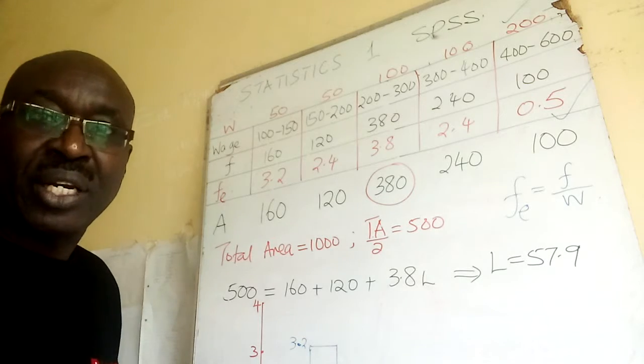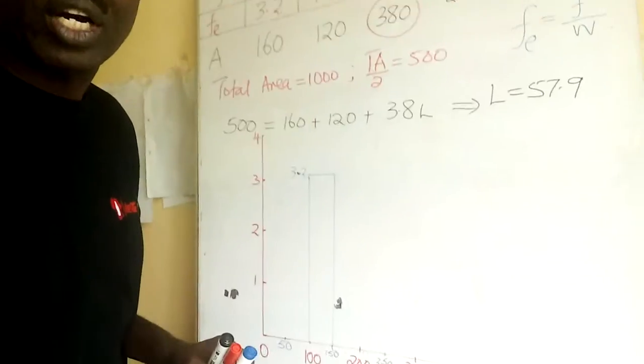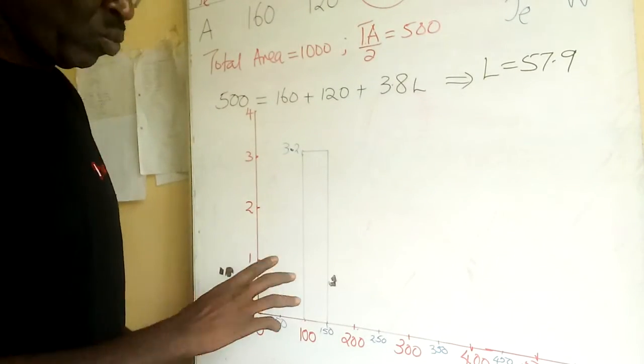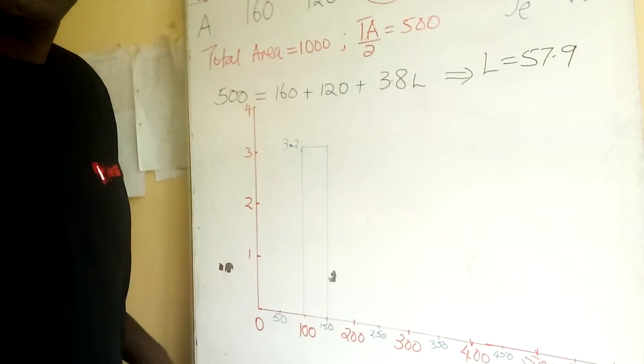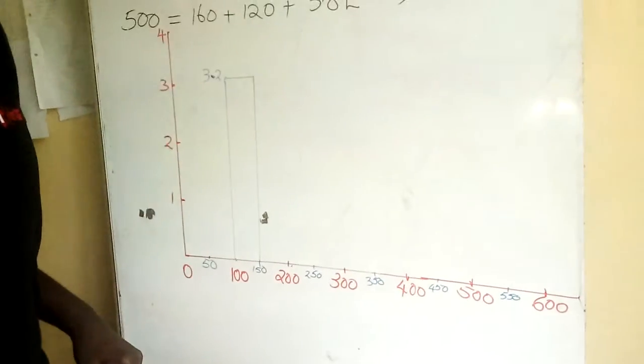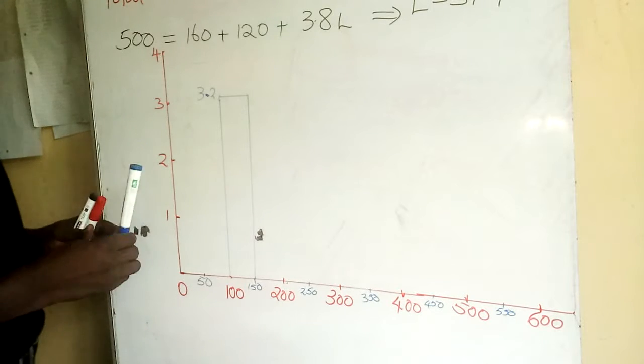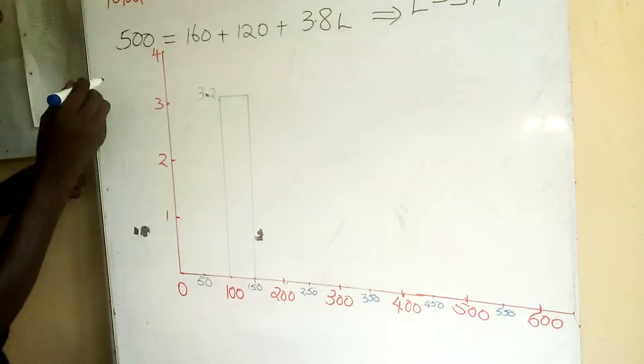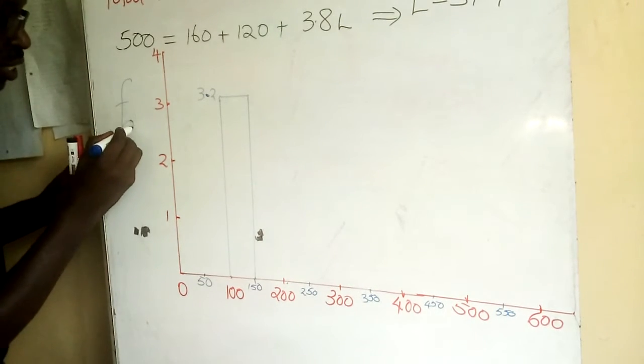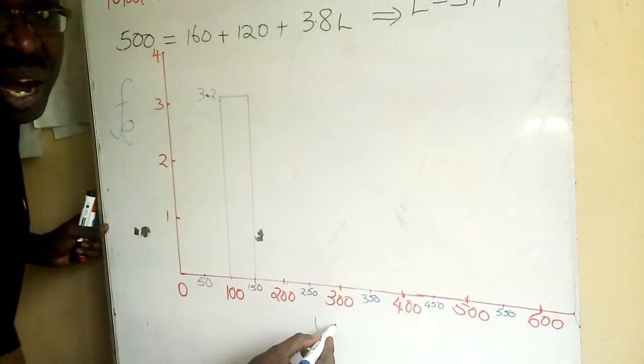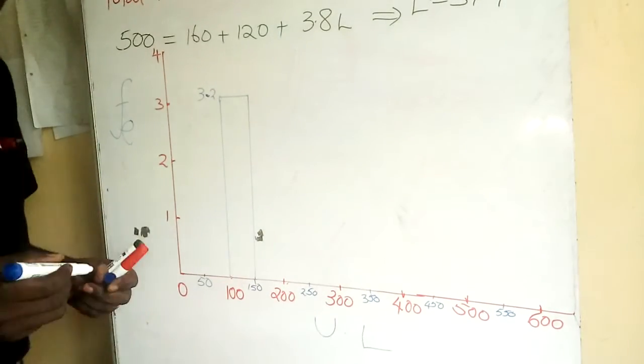What does that mean? Now I want you to focus down here. If I'm to draw a histogram, it will be frequency density against upper limits.